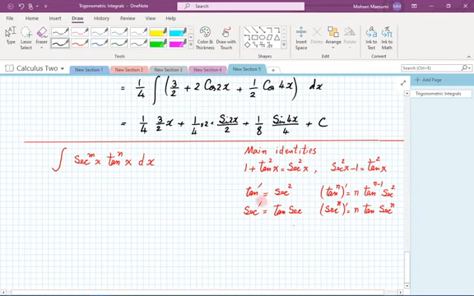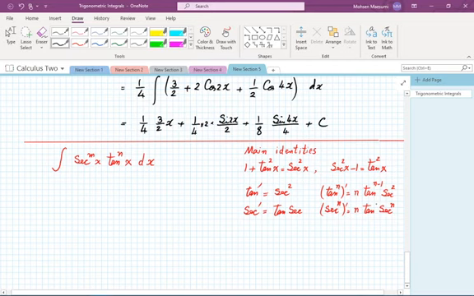We know the derivative of tangent is secant squared, and the derivative of secant is tangent secant. Applying the power rule, the derivative of tangent to the power n is n tangent to the power n minus 1 secant squared, and the derivative of secant to the power n is n tangent secant to the power n. So we need these to proceed.